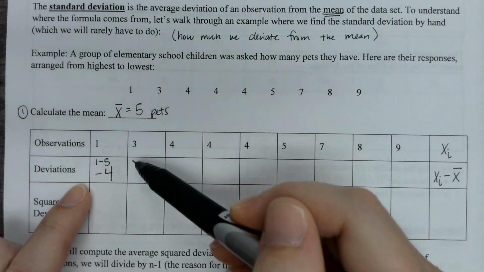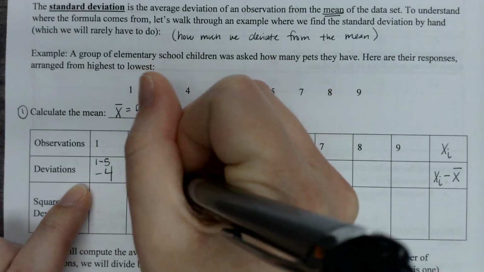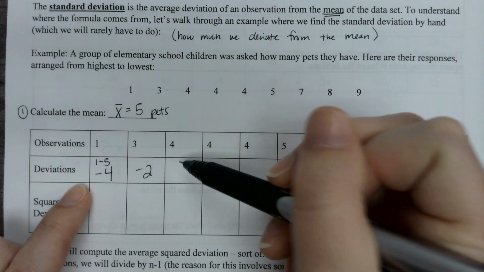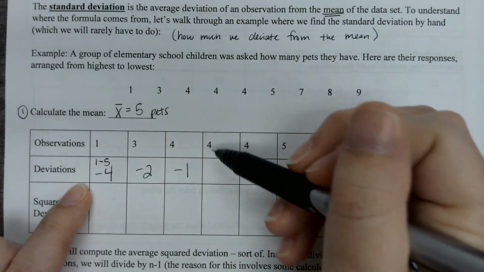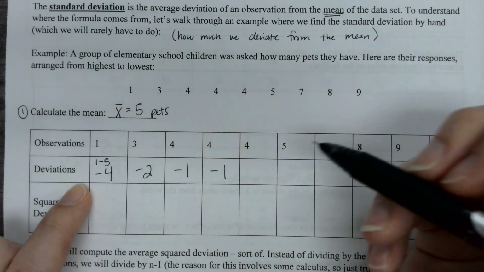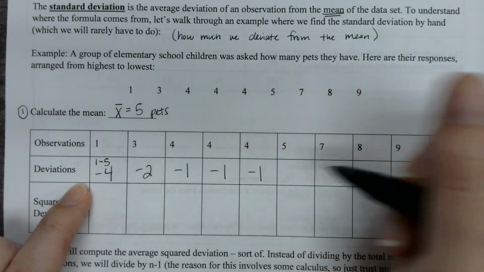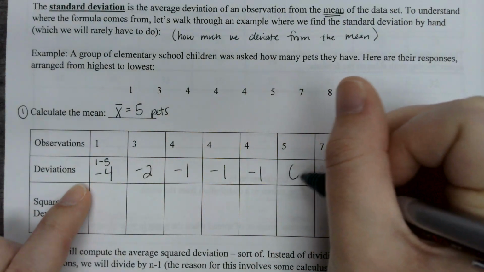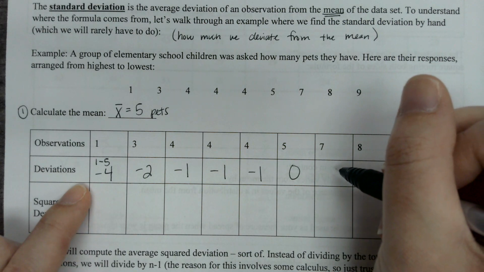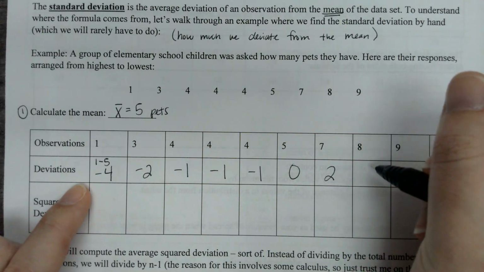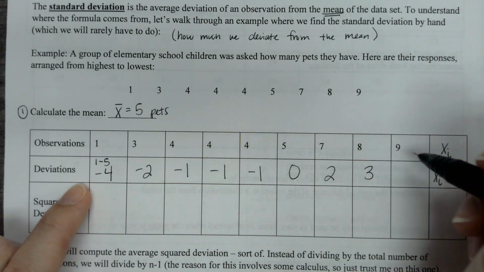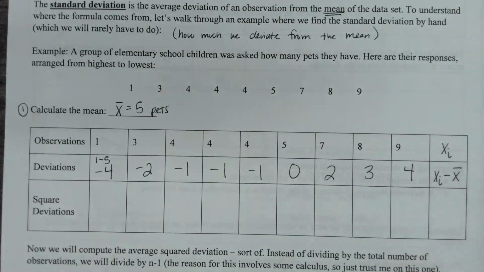We take 3, subtract 5, we get negative 2. We take 4, subtract 5, we get negative 1. 4, subtract 5, negative 1. 4, subtract 5, negative 1. We take 5, subtract 5, we get 0. 7 minus 5 gives me 2. 8 minus 5 gives me 3. 9 minus 5 gives me 4.